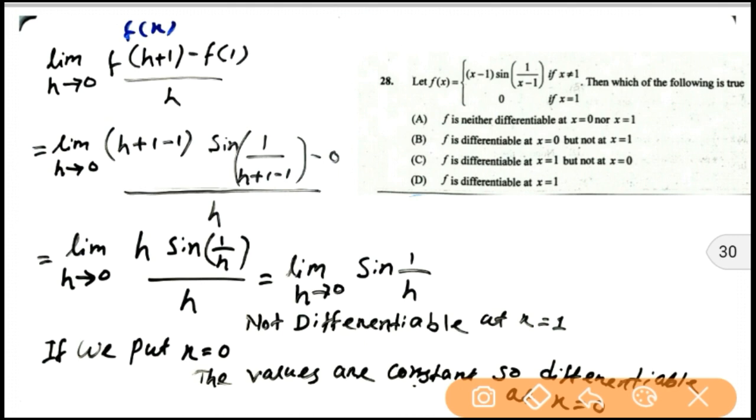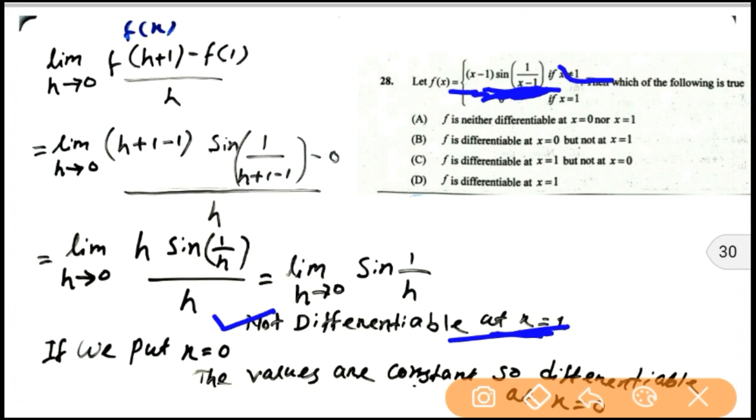That means this is sin of 1 by 0, and 1 by 0 is infinity. So that means this function is not differentiable at x equal to 1. If we put x equal to 0, sin of minus 1 will come, and here minus of sin minus 1.